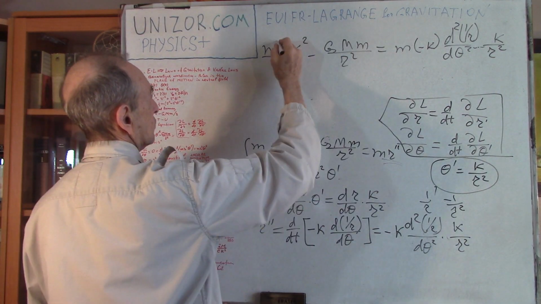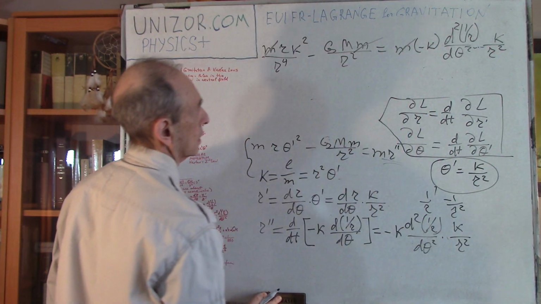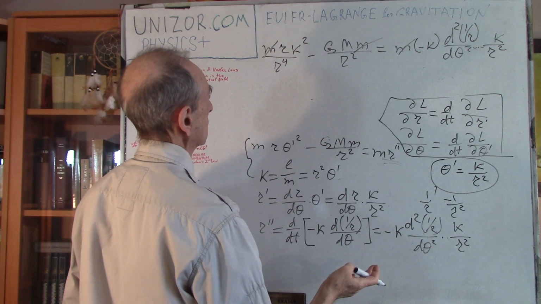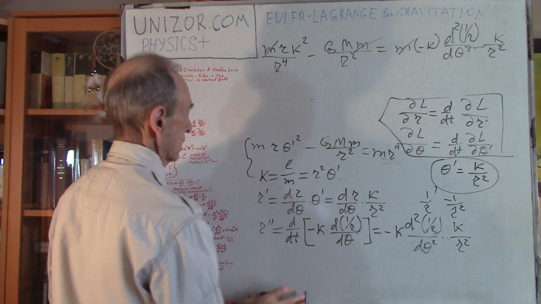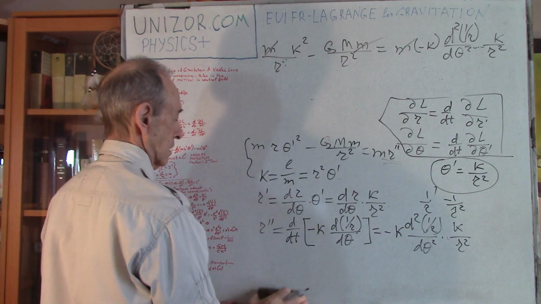Alright, so first of all, m goes out. Let's multiply everything. Now here we will have r to the third degree.